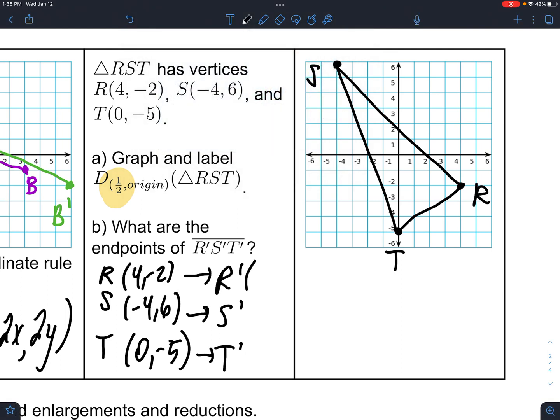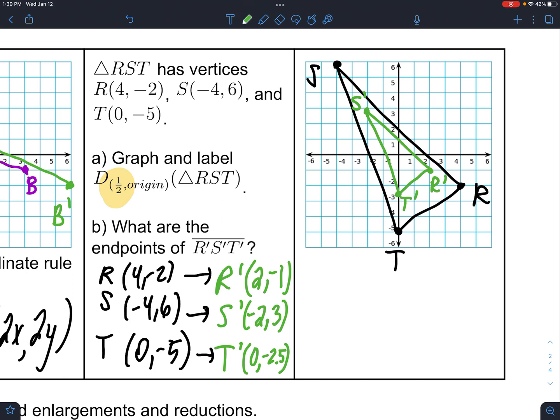It's right there. So all of these points here I'm going to cut in half. Even numbers are easy to cut in half, but we have an odd number down here. But it's just going to be minus 2.5. Make this a different color. Plot those new points. R prime, T prime, S prime. Done. There's no more questions.